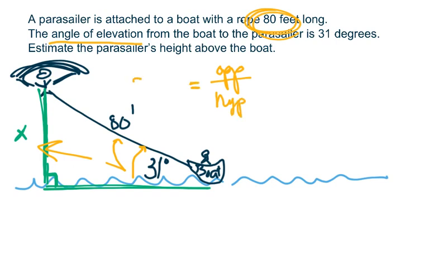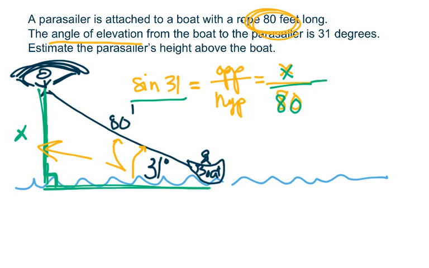So the sine of 31 is equal to the opposite, which is x, which we don't know, of course, and the hypotenuse is 80. So you have sine of 31 equals x over 80. You're just going to pop the sine of 31 in your calculator, and you're going to multiply it times 80.